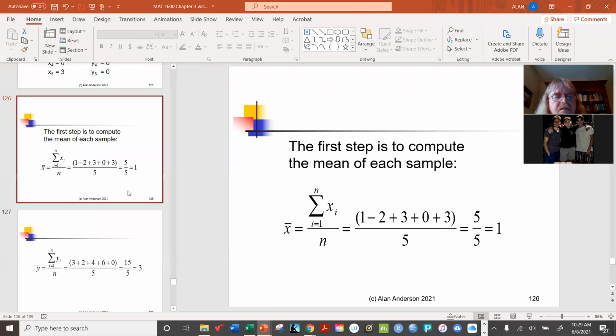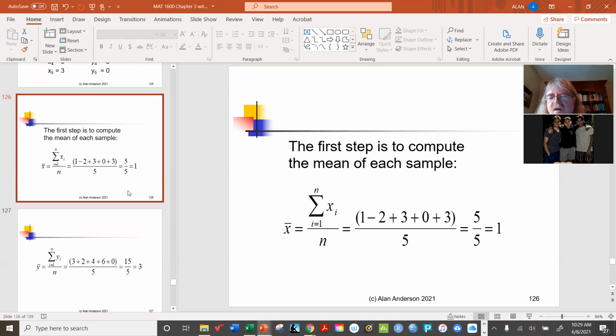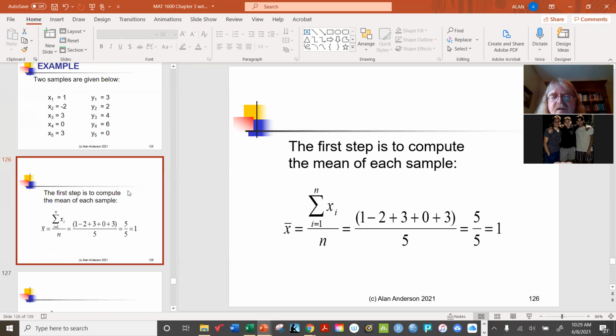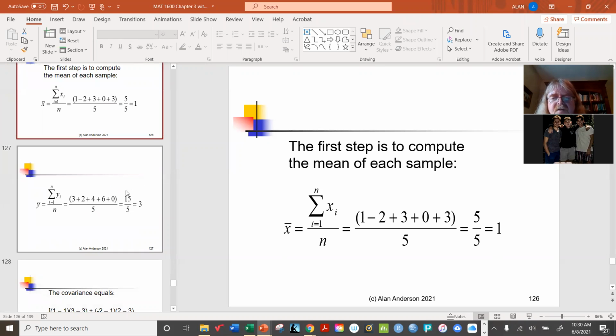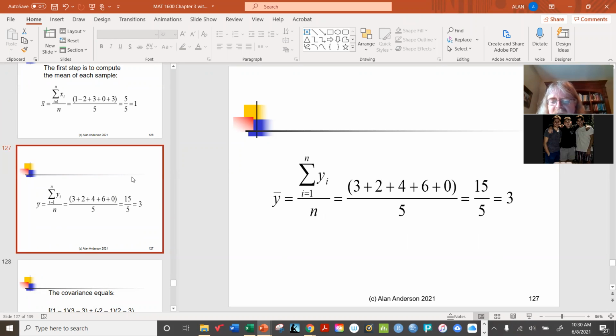And then we do the same thing for y. We want to calculate y bar as well. So let's see what that turns out to be. Add them up, divide by 5, and you have 15/5 or 3.